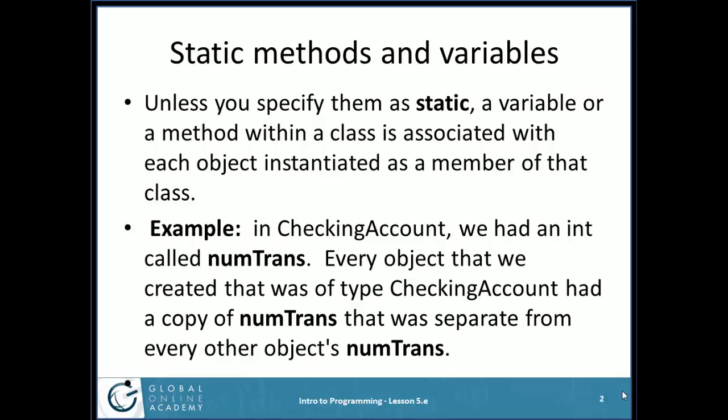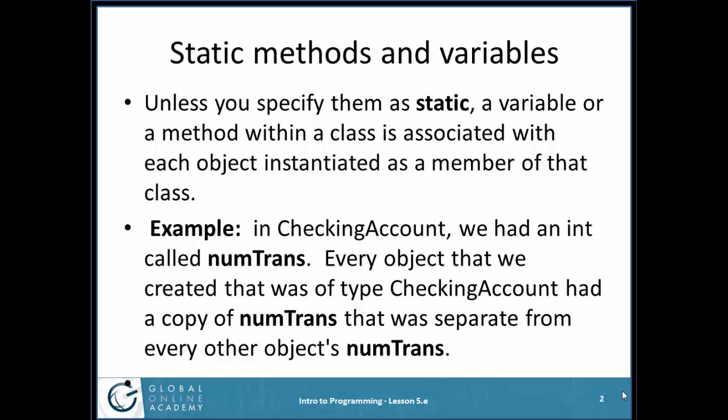You can have both static methods and variables. Now, if you don't specify them as static, the default is not to be static, then a variable or a method within a class is associated with each object instantiated as a member of that class. So, for example, in checking account, we had an int that was called numTrans, number of transactions. Every object that we created that was of type checking account had a copy of numTrans that was separate from every other object's numTrans.